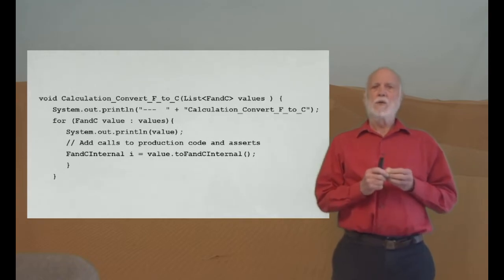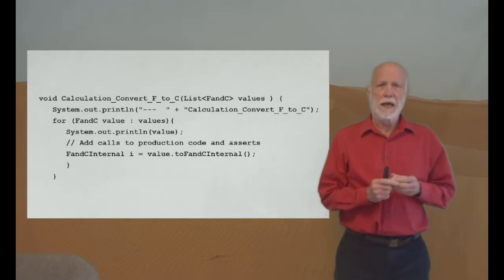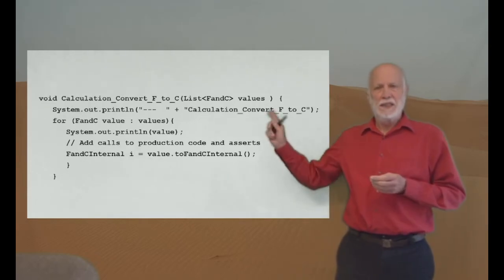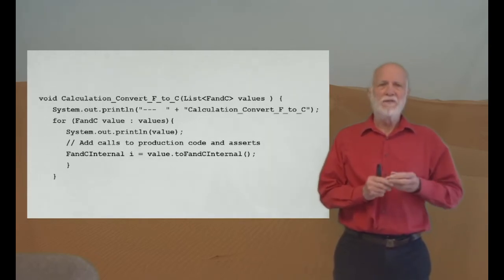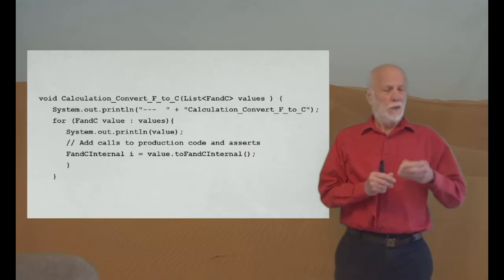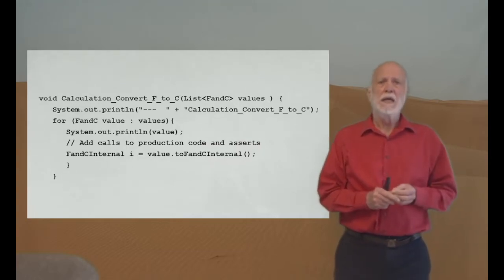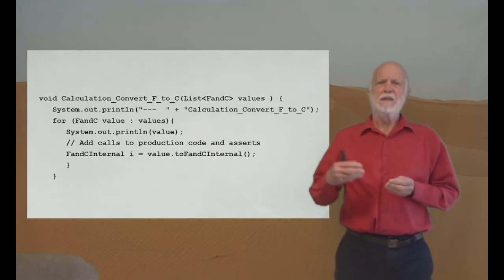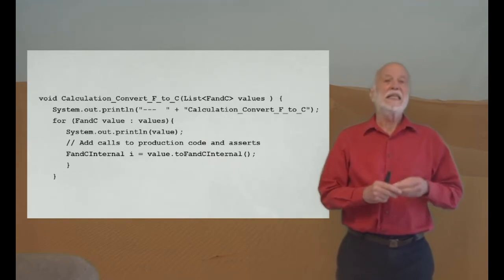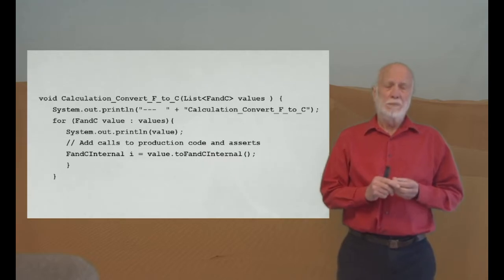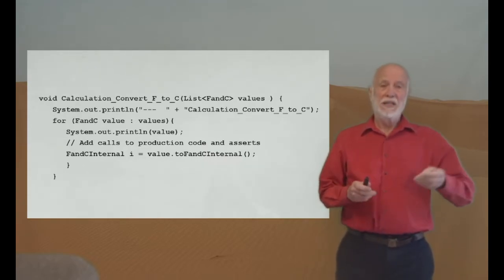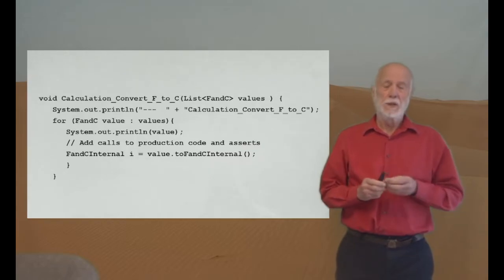And inside the glue object is our calculation convert F to C. You've got a list of those values that are in string format. You can go around that list, and then also provided is a conversion to the F and C internal object class, where the attributes are of the data type given, integer as for F and C.